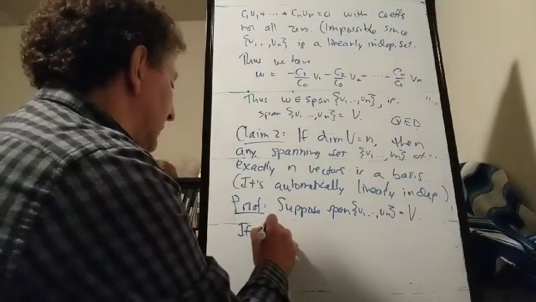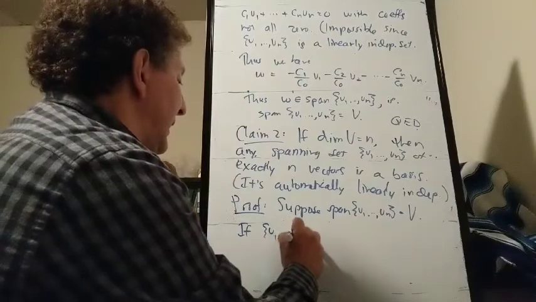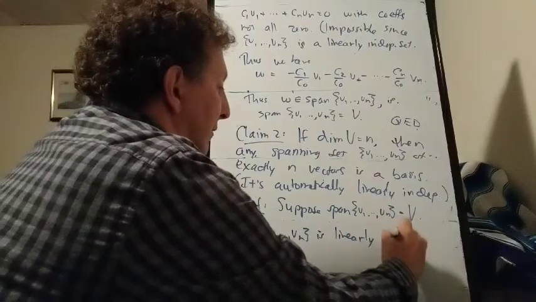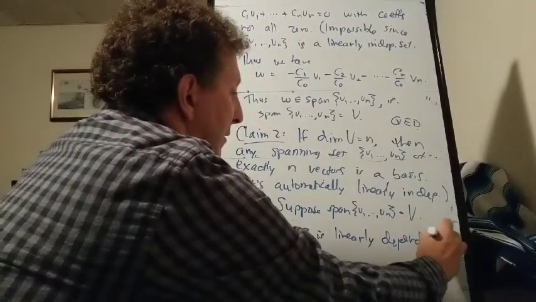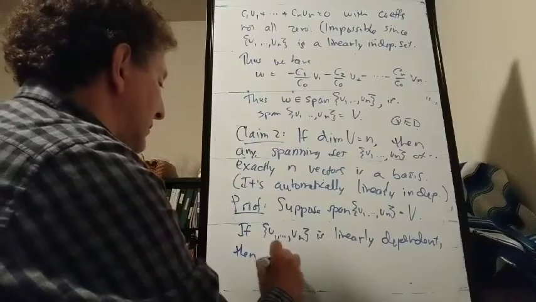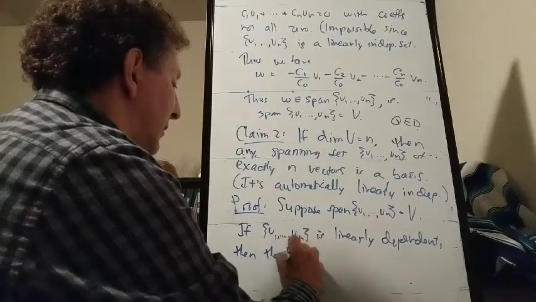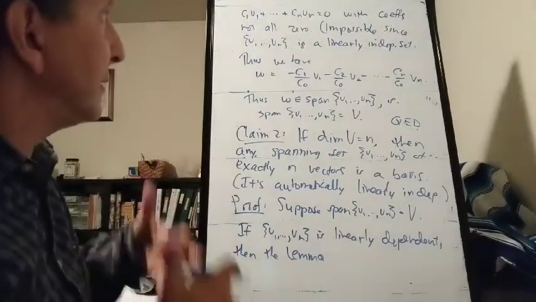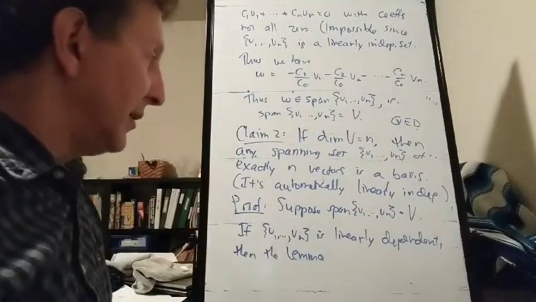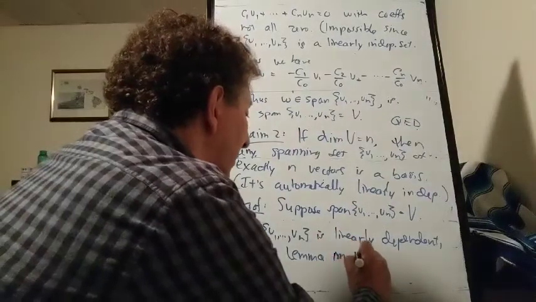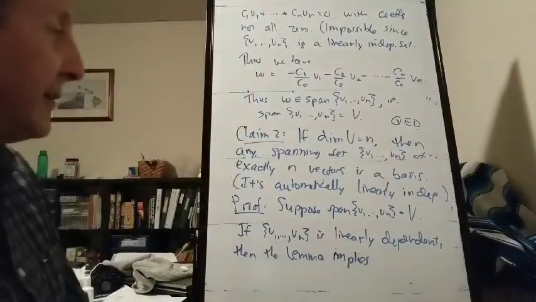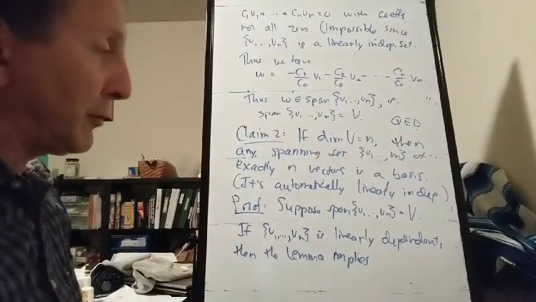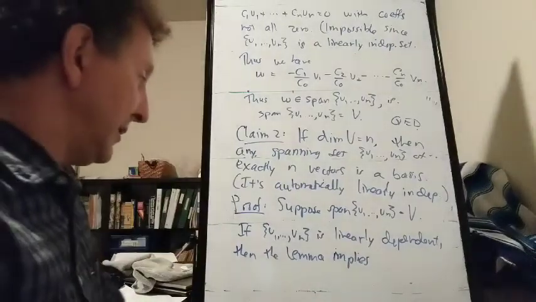If it's dependent, so if v1 through vn is linearly dependent, then the lemma, so here's where we're going to use the lemma, which maybe didn't look useful before, but now we're going to use it. So the lemma implies that it contains some smaller subset inside of it that has the same span and is linearly independent.